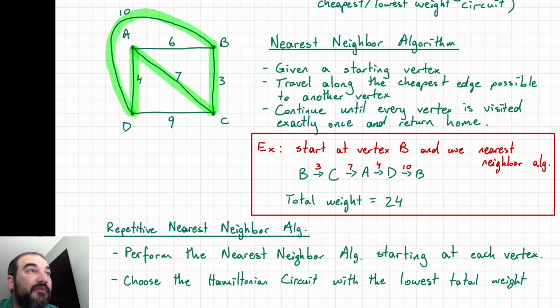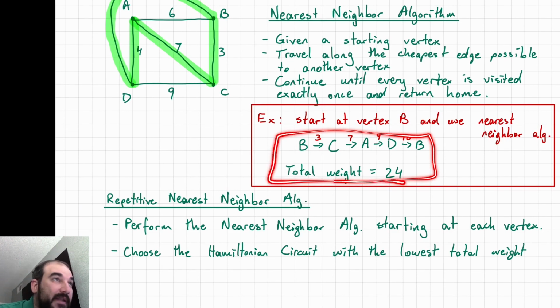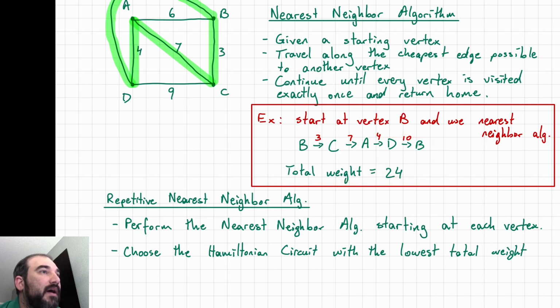So you have to do all 4 starting vertices to see the total weights of all 4 possibilities and choose the cheapest one from there. So you would have 4 answers like this, and then you would choose, or box, the one that had the lowest total weight. And that would be the cheapest Hamiltonian circuit we could find on this given graph.